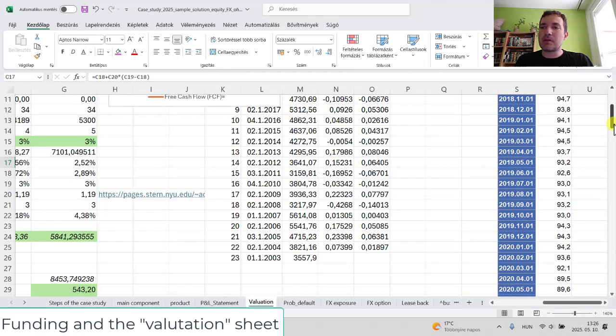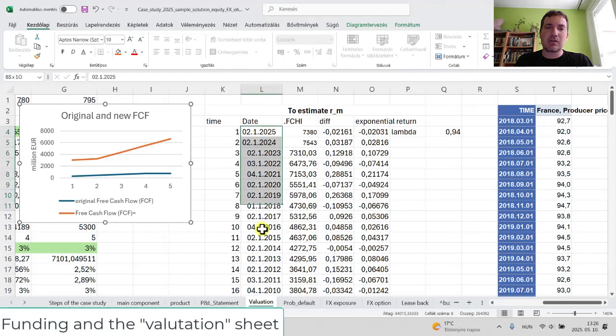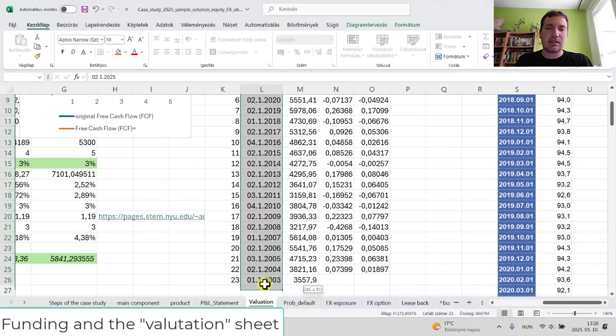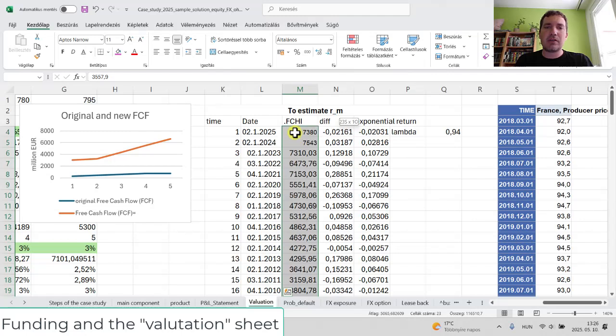This is coming from the French stock market. I downloaded the data since 2003: what was the closing value of the French stock market index? Then I calculated the difference between each year.